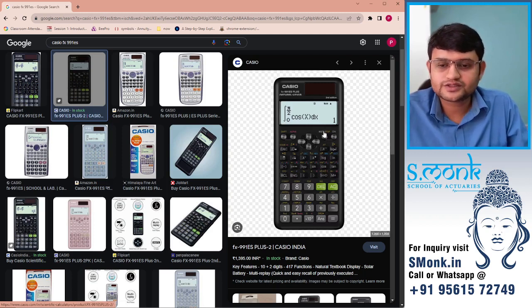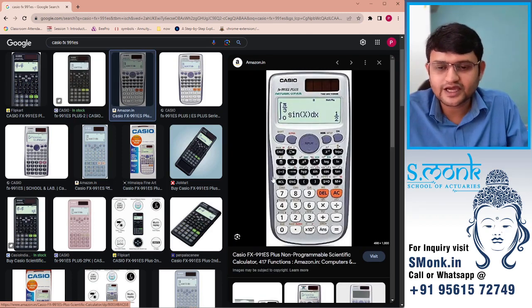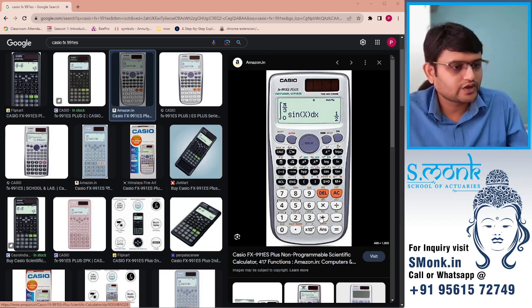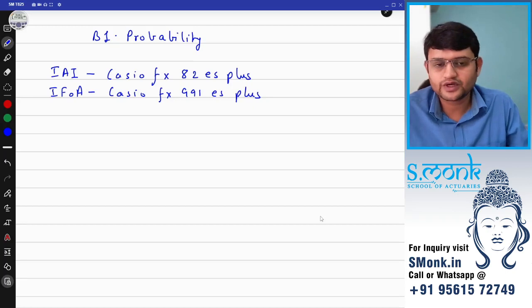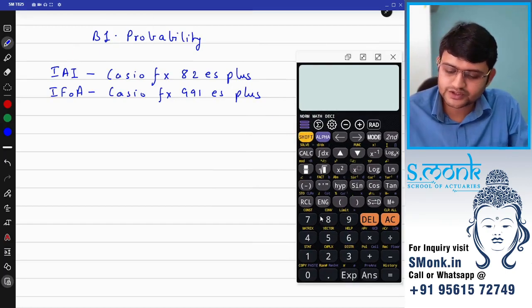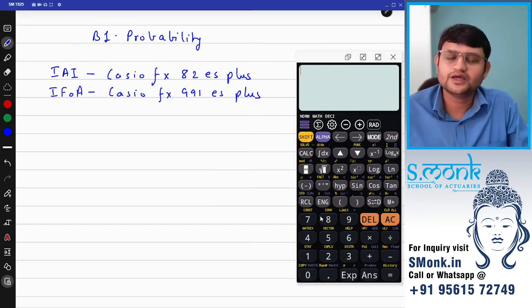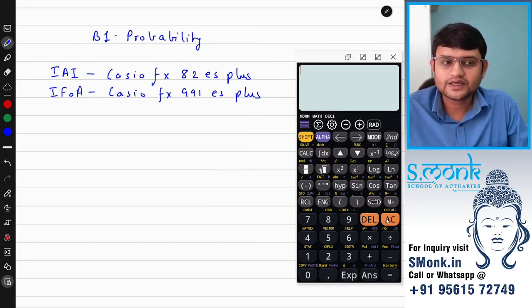Now in this, you can see the layout is exactly the same, so it does not matter which calculator you buy, you will get the same layout of buttons. Now, throughout our course, we are going to study how to use the scientific calculator. So even if you have never used a scientific calculator, that is fine. We are going to learn it here.